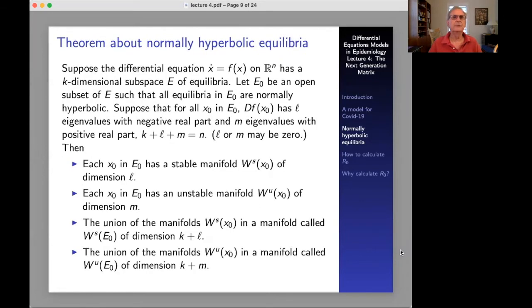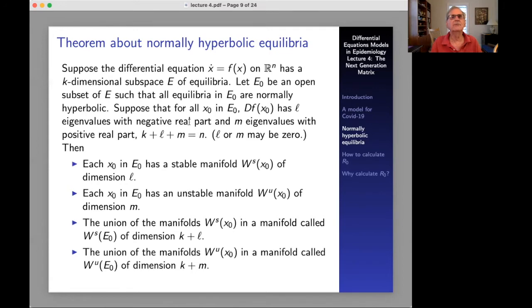What good does it do to know that an equilibrium is normally hyperbolic? Here's a theorem that tells us some of what's going on at normally hyperbolic equilibrium. Suppose the differential equation, x dot equals f of x on Rn, has a k-dimensional subspace E of equilibria. They may not all be normally hyperbolic, but let E naught be an open subset of E such that all the equilibria in E naught are normally hyperbolic.